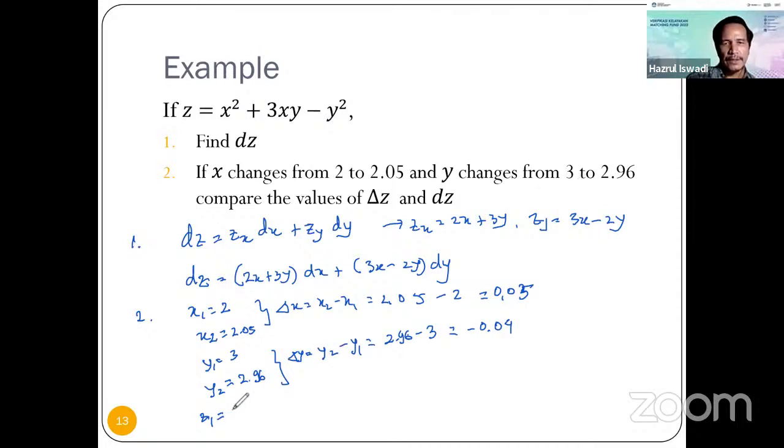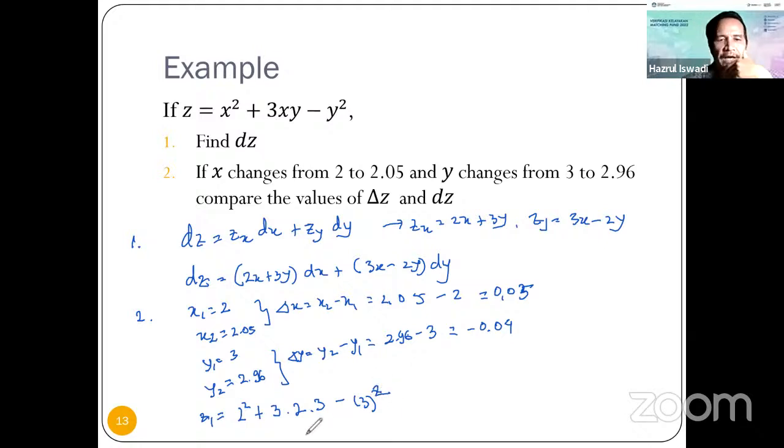So z1 is 2 square plus 3xy, where x is 2 and y is 3, minus 3 square.